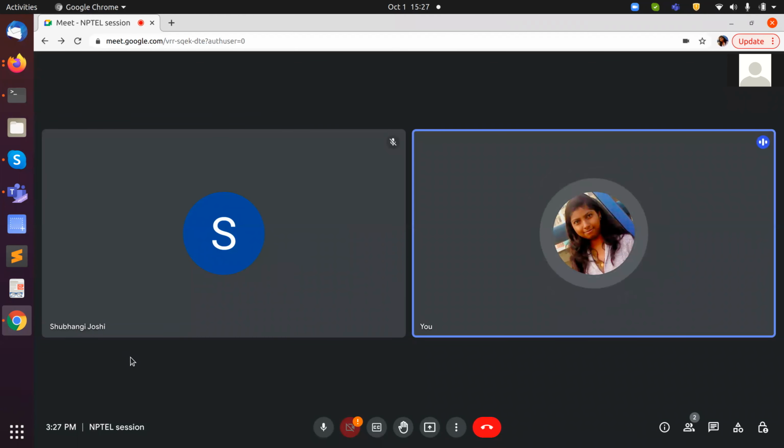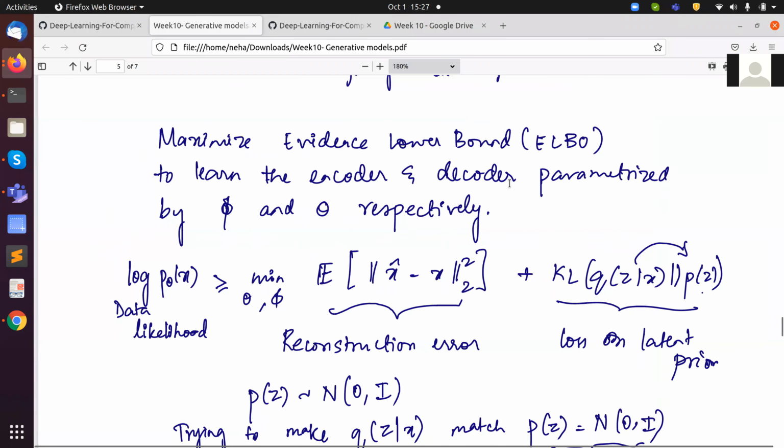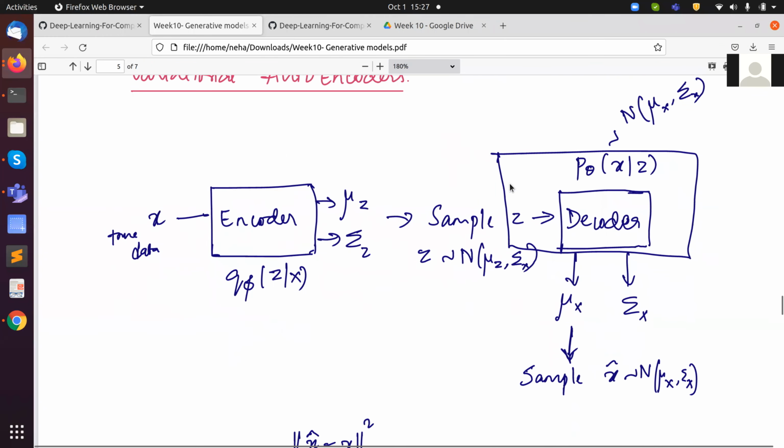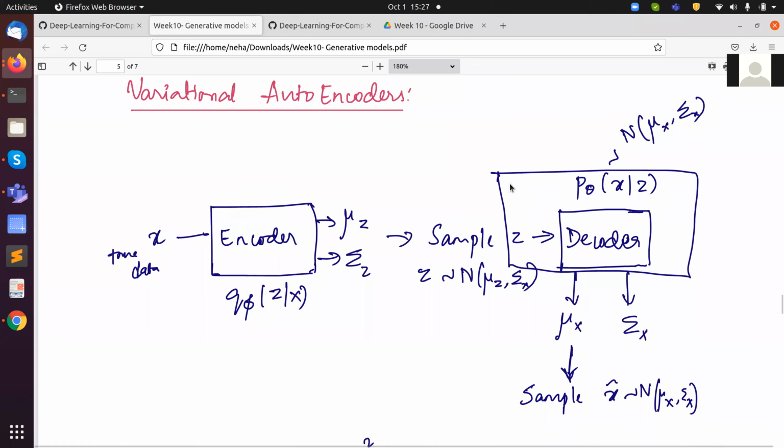So we are talking about variational autoencoders. This is very similar to autoencoder, but with the aim of generating the images.